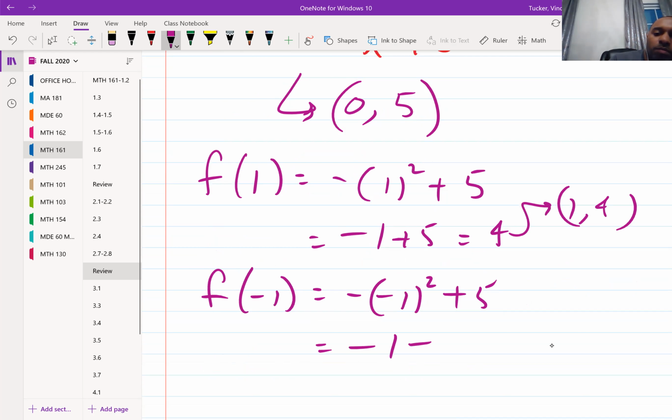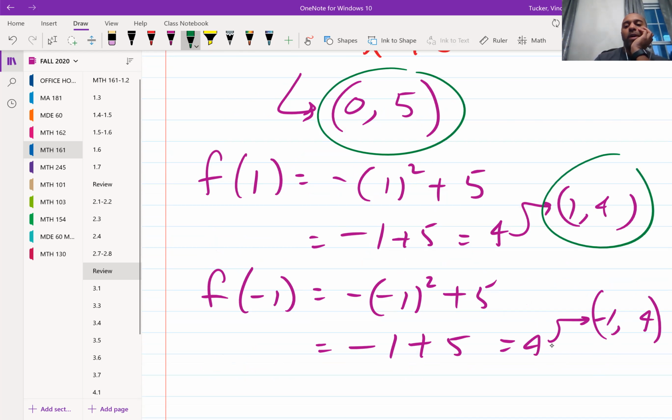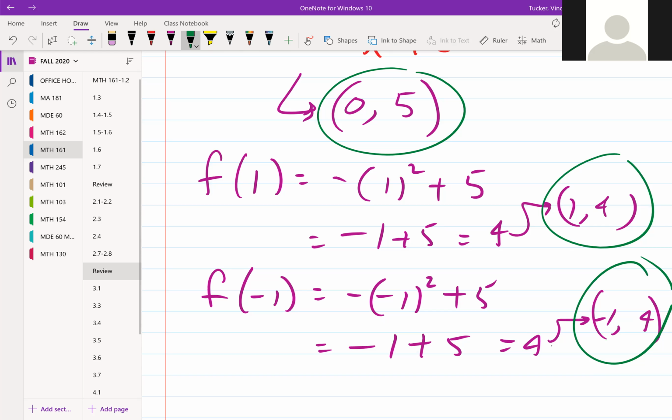So that'd be -1 + 5, which is still going to be 4. So we have 1, 4 and -1, 4 if you plug them in and simplify. So those are the 3 values that I'll be looking to graph for this second one. Okay, that makes more sense.